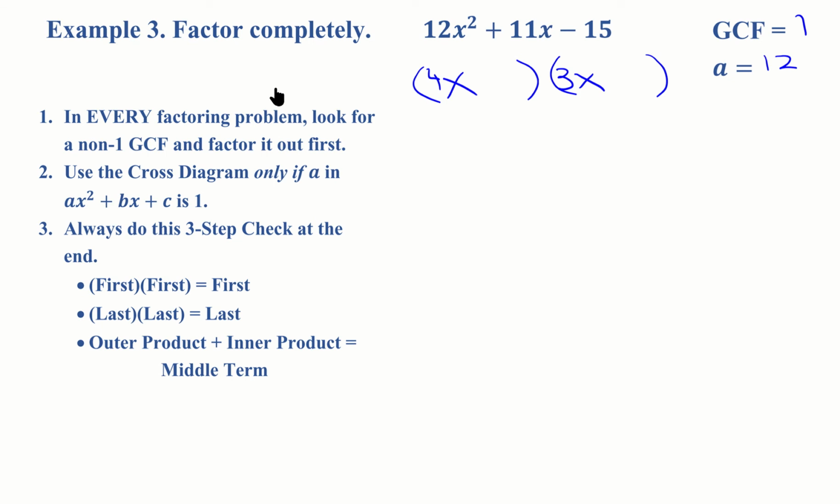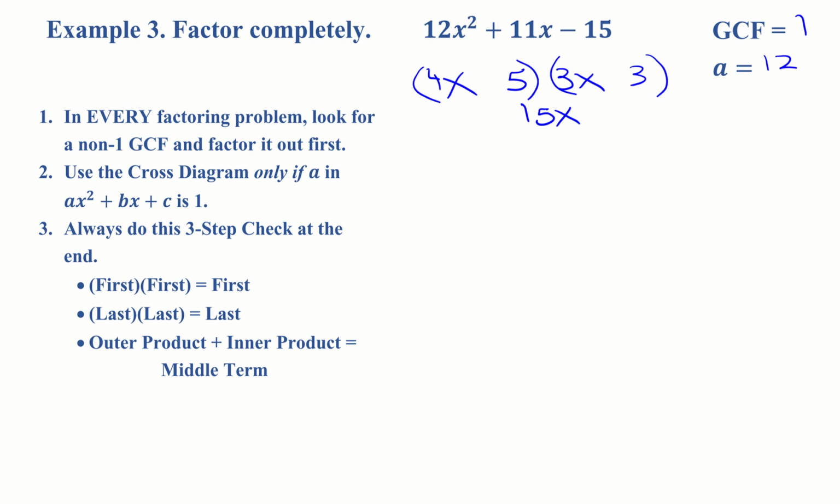All right, so now we're going to look for two numbers whose product is 15, and we can just try 5 maybe and 3. Now let's see. Remember, we have to check and make sure that the inner product and the outer product can combine to give us the middle term. We notice the inner product here is 15x.